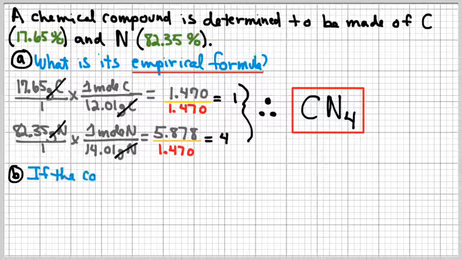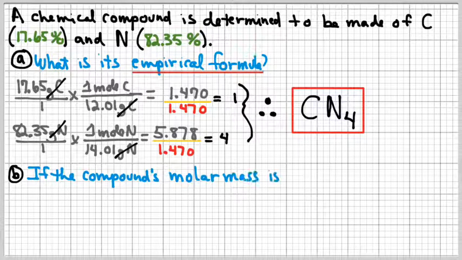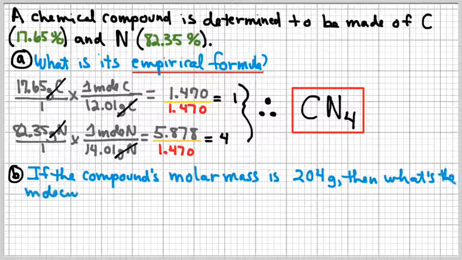Now, I'd like to go further than that, and I'd actually like to find the molecular formula, the true formula for this compound. But in order to do that, after I have found the empirical formula, I need an extra piece of information, and that is I need to know the molar mass of the compound, which has been found to be 204 grams.